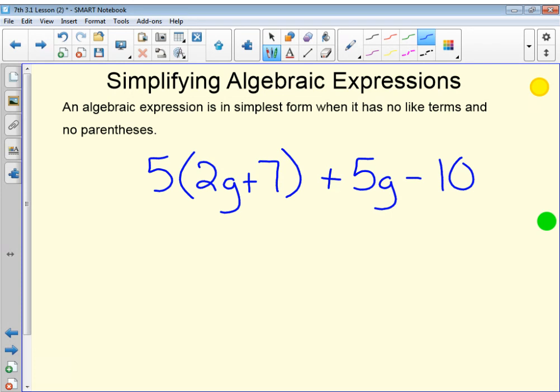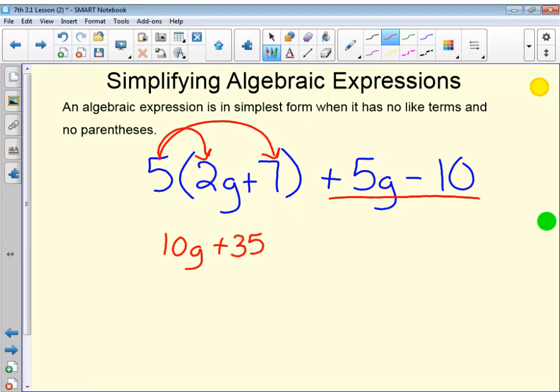We're going to start where there's parentheses, and we can't simplify any further within the parentheses, so we're going to distribute. 5 times 2 would give me 10, and I apply my g to the end. 5 times 7, so don't forget to distribute to that second number, would give me 35, and they were both positive, so it's a positive 35. And then back here, I'm just going to bring that down, so plus 5g minus 10.